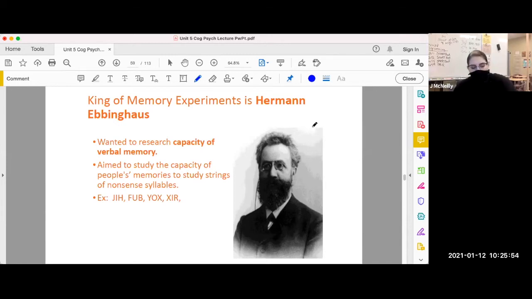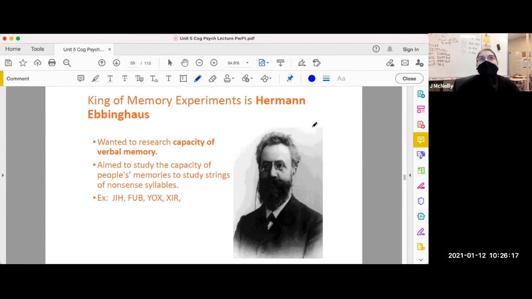And so in order to do this objectively, he had to find a way to study memory that people wouldn't have an advantage over. Okay, so if he was like, okay, I'm going to make people memorize the periodic table, well, if you got people in his study that were scientists, they would have an unfair advantage because they've already studied that before, and so they're more likely to recall it accurately.